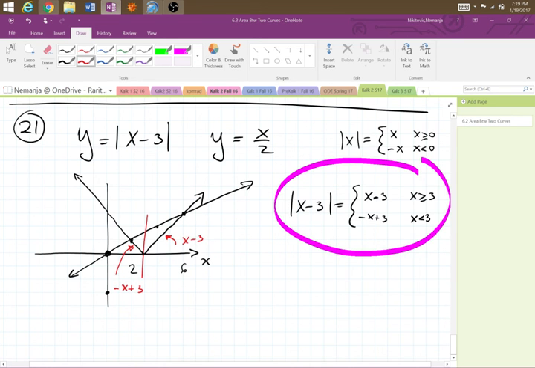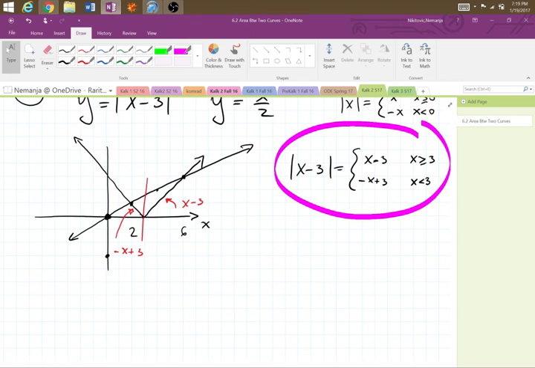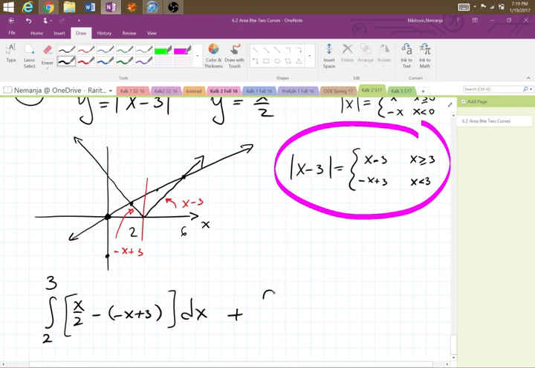So now I am setting the integral for all of this, and that integral is the integral from 2 to 3 of x over 2 minus negative x plus 3, all of that dx, plus the integral 2 to 6, again x over 2 minus x minus 3, and then dx.